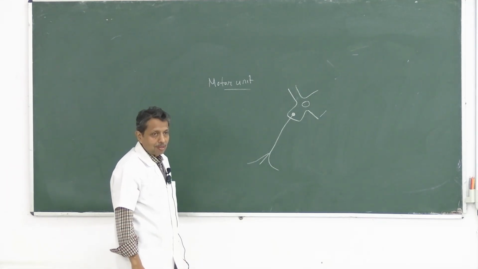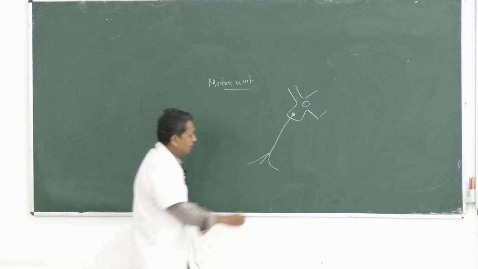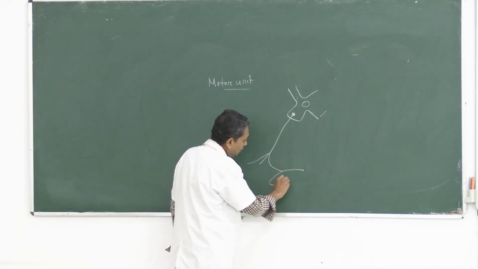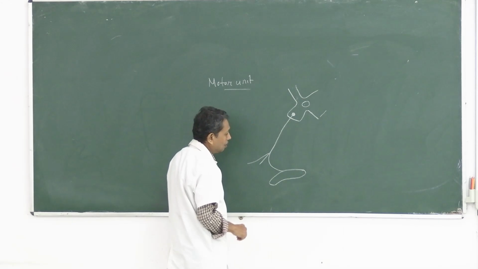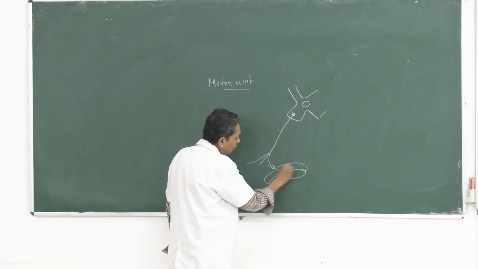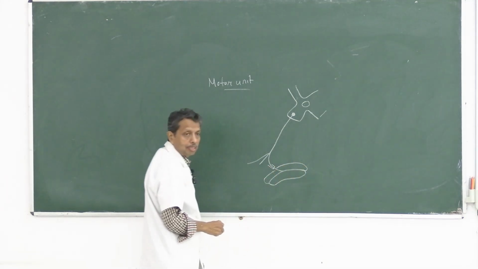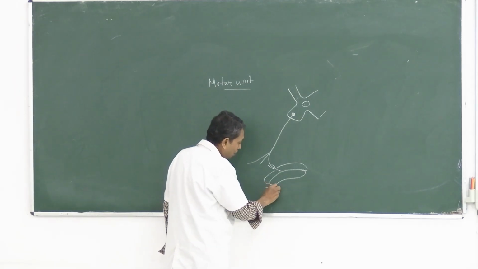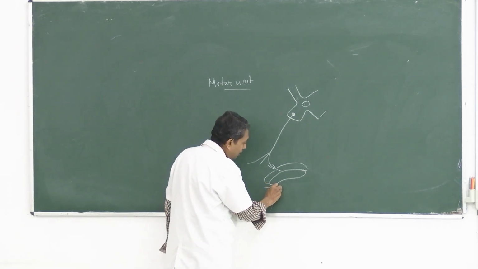These are called terminal buttons or end feet. Myelination stops before this, but they have a cover of Schwann cells, and they unite with the motor end plate of a skeletal muscle. Motor end plate.